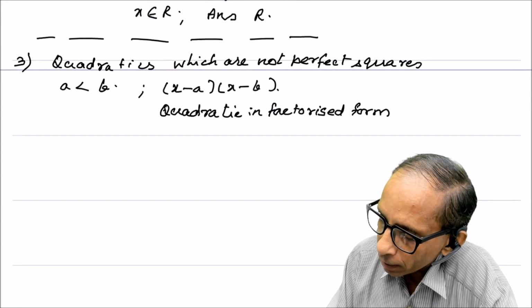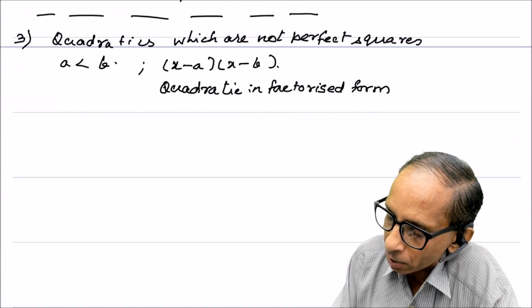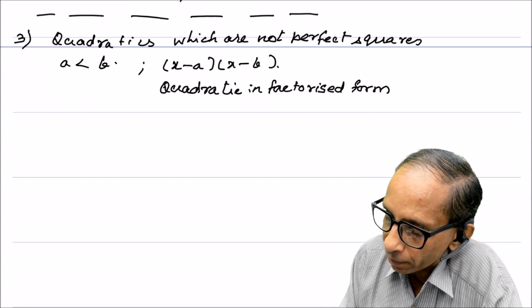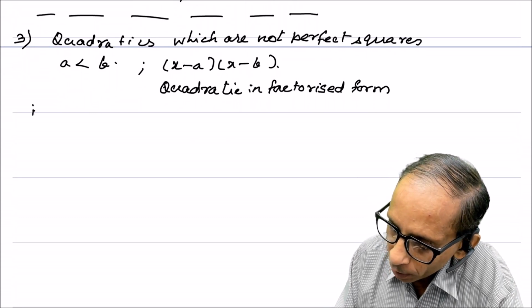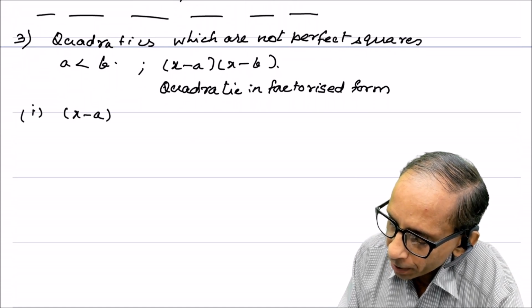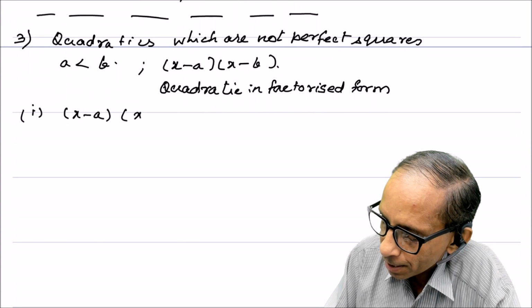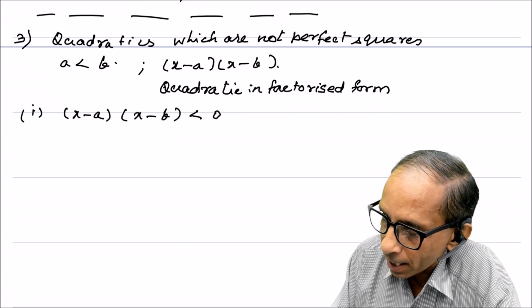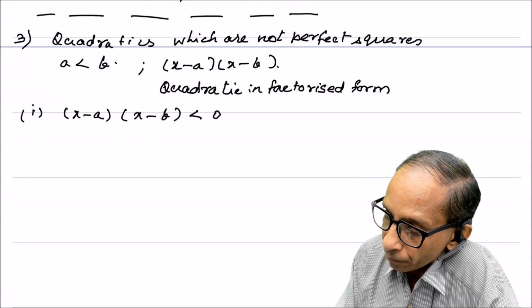And now what we are considering is quadratics which are not perfect squares, but they are being given in a factorized form. So in this, the first possible situation that we'll be considering is x minus a into x minus b less than 0.